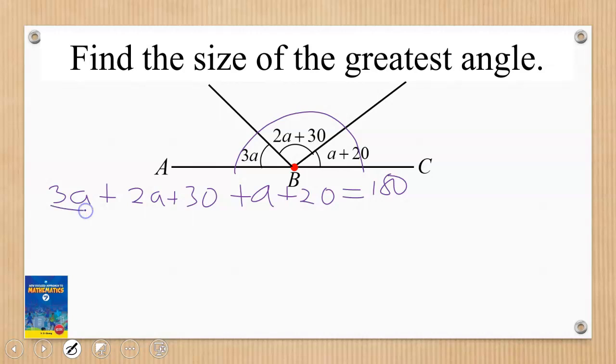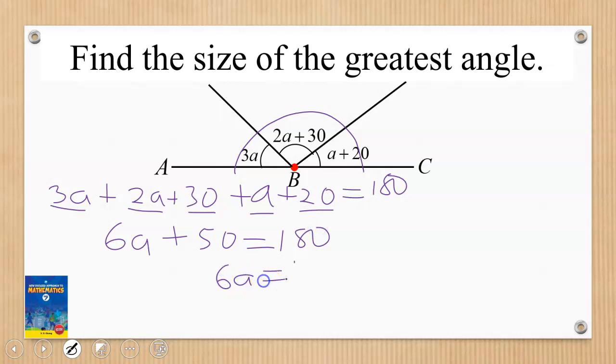Again, when we add 3A plus 2A, we have 5A, plus A will give us 6A. So we have 6A here. Then 30 plus 20 will be 50, right? So we have 6A plus 50 is equal to 180.